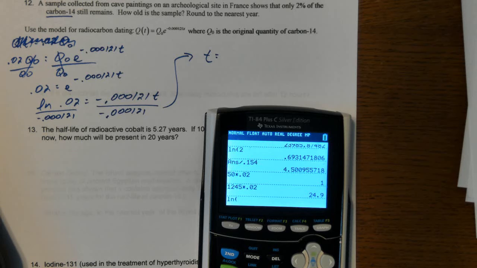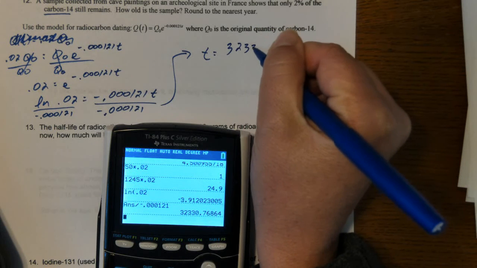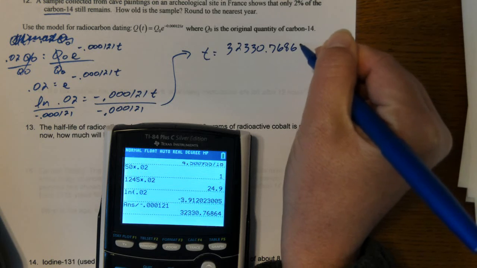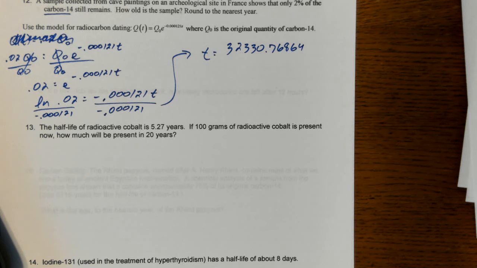So ln 0.02 divided by negative 0.000121, and it comes out to 32330.768, whatever.